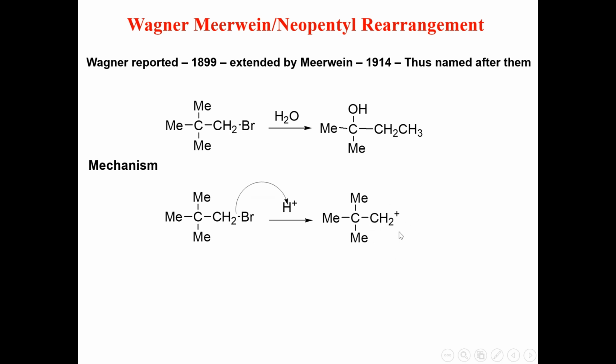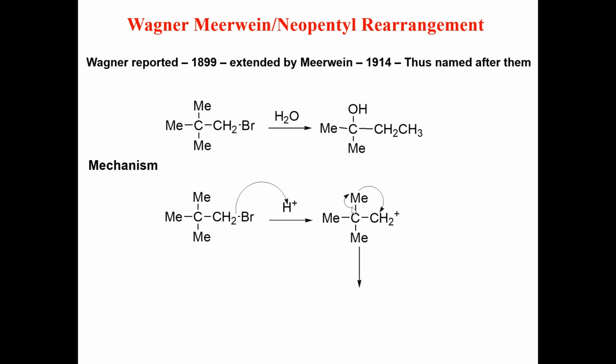This is a primary carbocation. The primary carbocation is unstable. To relieve this instability, the alkyl group present on the adjacent carbon moves along with its electron pair towards this carbon.